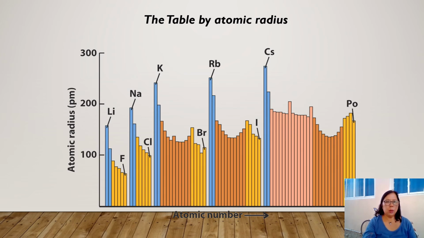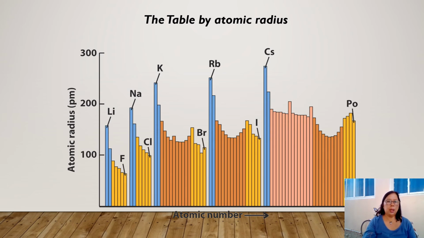This is group 1. This is group 7. And the atomic radius here is shown by the increasing arrow, and the atomic radius here is also increasing. So lithium, sodium, potassium, rubidium, in their own group, have the shortest atomic number but the biggest atomic radius.